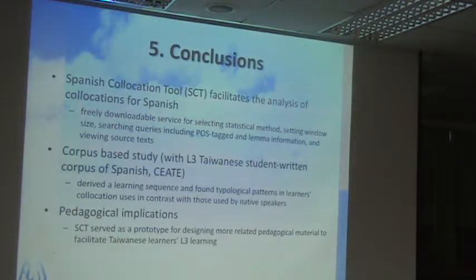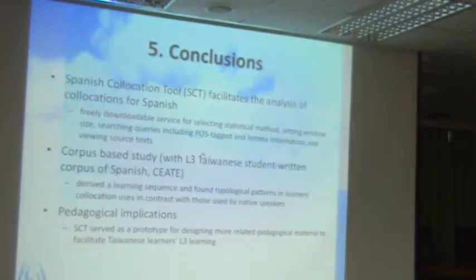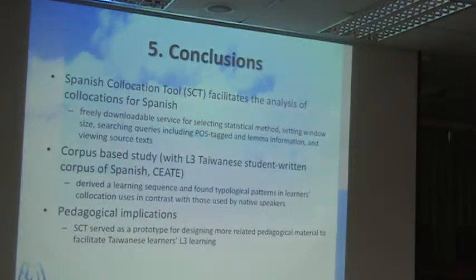We can set a window size, but it is currently limited to 2 words. We can search queries including POS tag and lemma information, and we can view the source text, the context of certain collocated words, to see how to use a collocation.